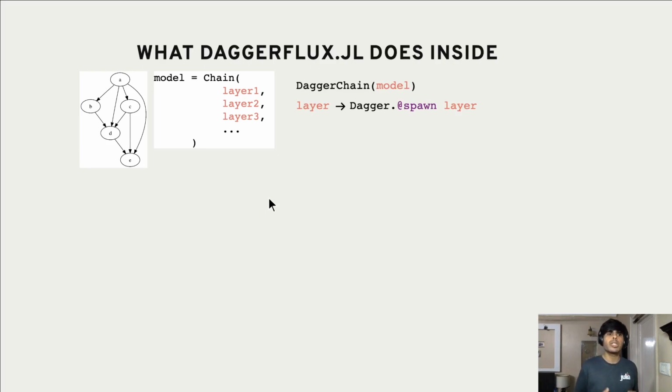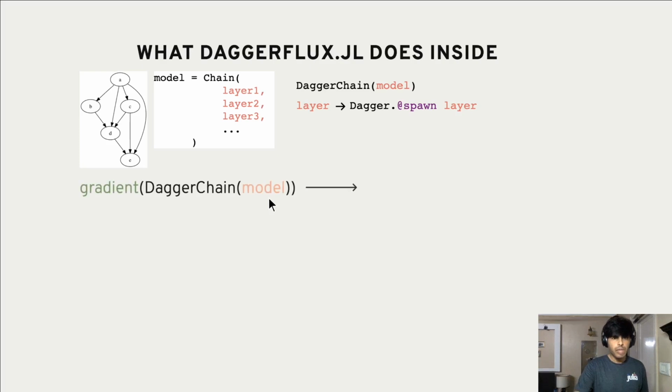Instead, what we're doing is we're constructing our computational graph, which we will compute at a later point, having used Dagger's scheduler to parallelize each operation and each layer such that we get the most efficient form of that computational graph for out-of-core parallelism. So that's good for how the forwards pass works.